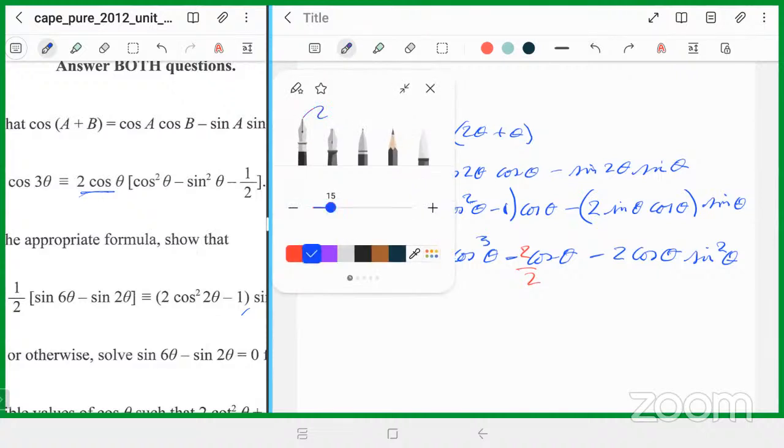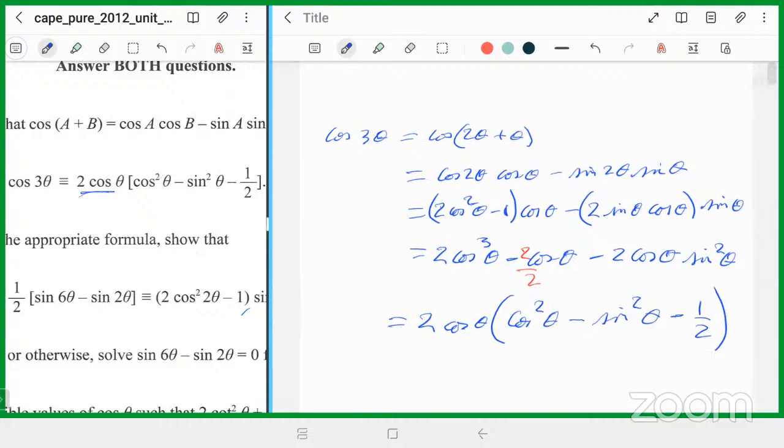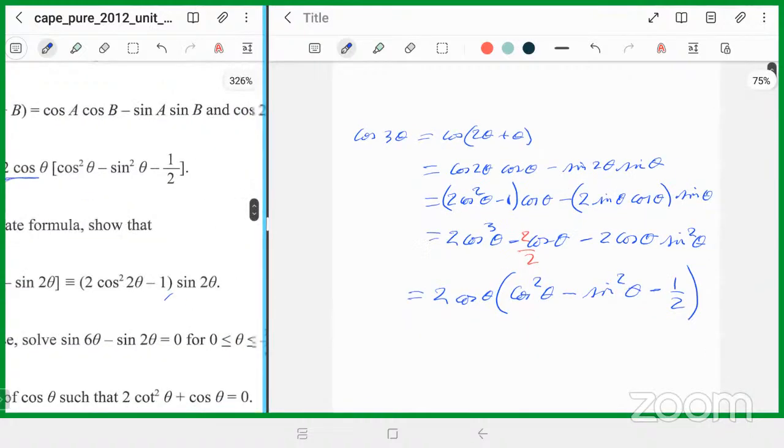Then this becomes a factorized 2 cos theta, and out of this one I'm left with cos squared theta. Out of this one, I'm left with minus sine squared theta. And out of this one, with the 2 cos gone outside, I'm left with minus a half inside the bracket. That's what they tell us to show right here.